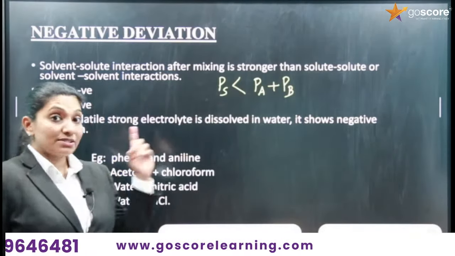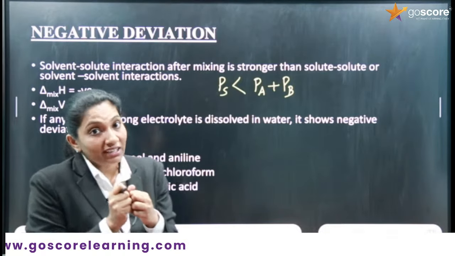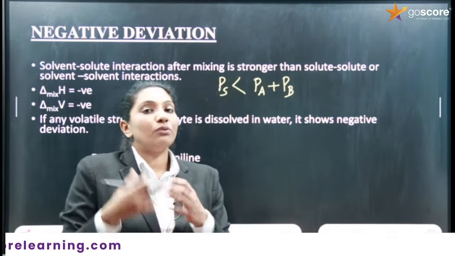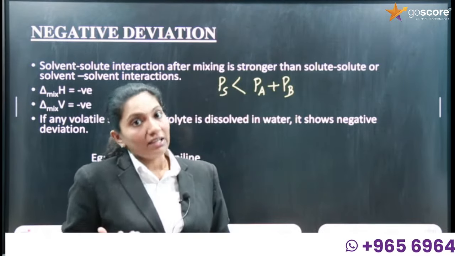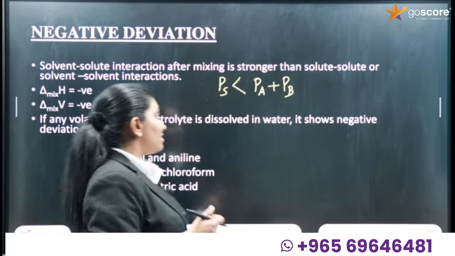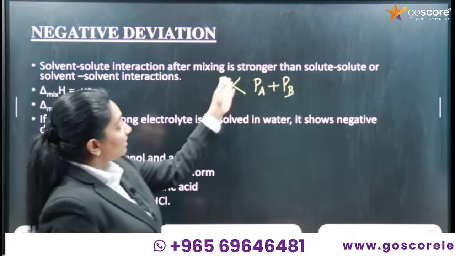Okay, why? Because the solute and solvent interaction after mixing is greater. So there won't be formation of too many vapors in the solution. So definitely the vapor pressure will be decreasing.